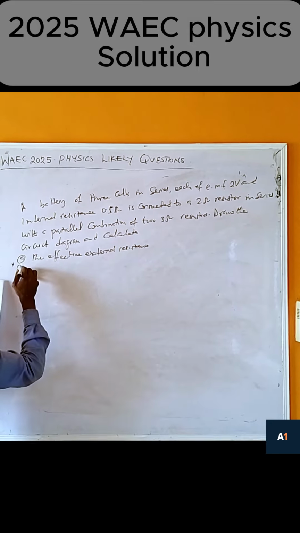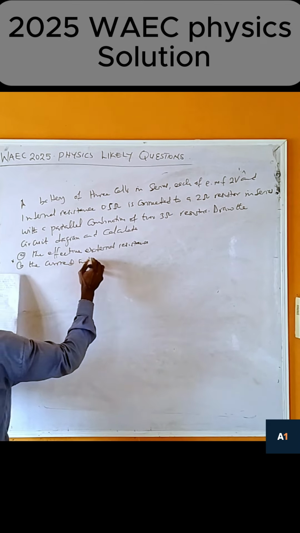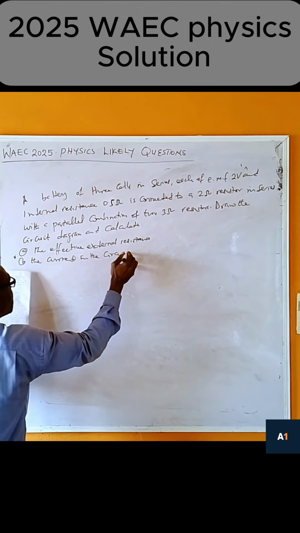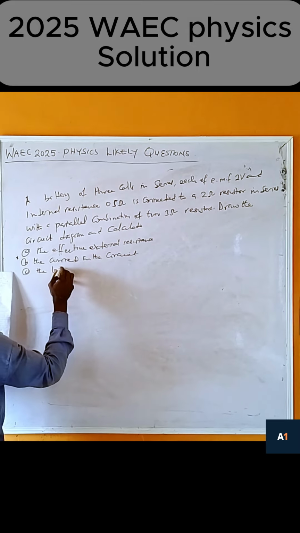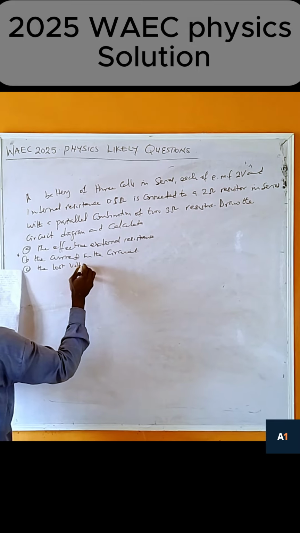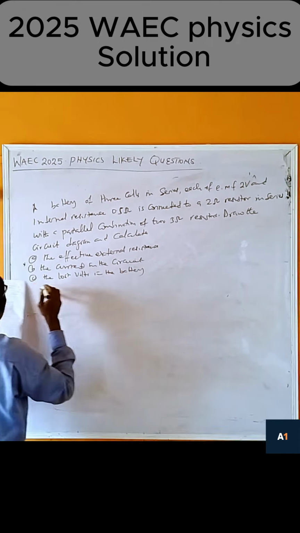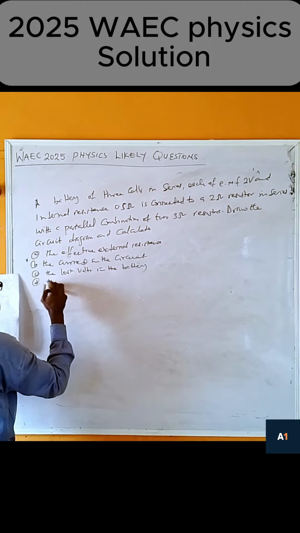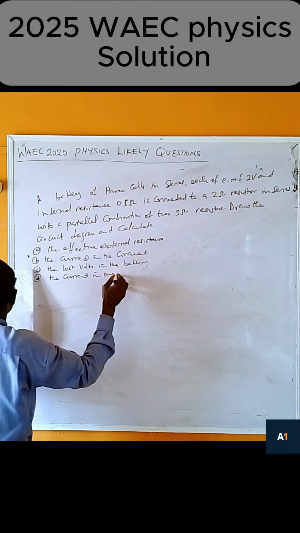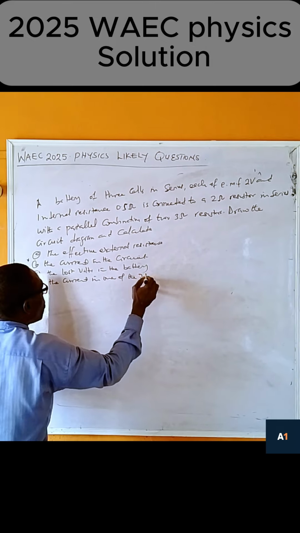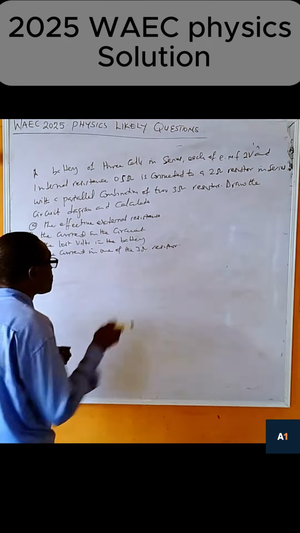Then B, the current in the circuit. Then C, the lost volts in the battery. Then D, the p.d. in one of the 3 ohm resistors. Solution.